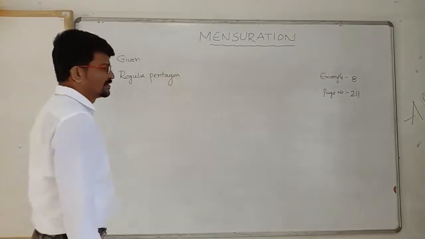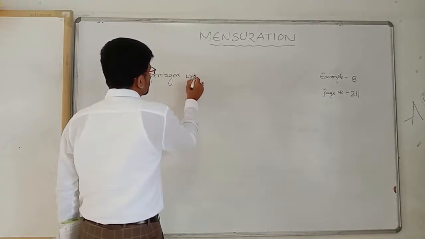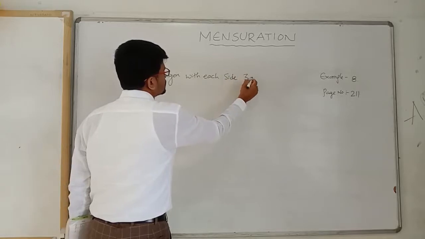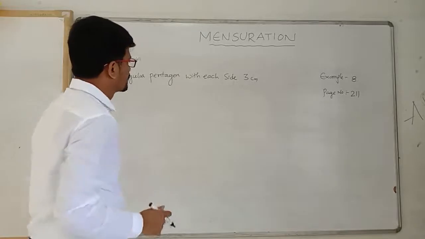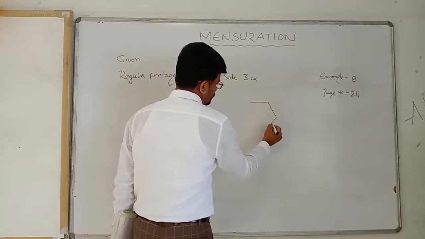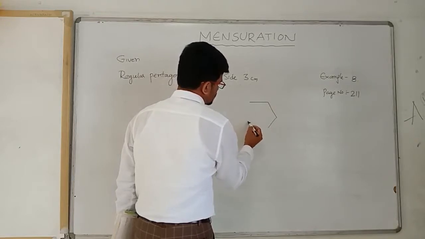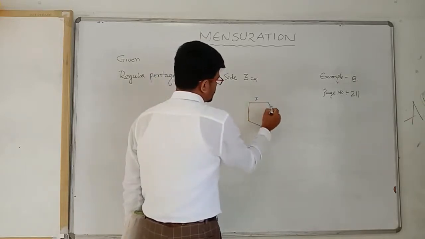Regular pentagon means each side is 3 centimeters. Now pentagon means 1, 2, 3, 4, 5. This is the pentagon. Each one 3.